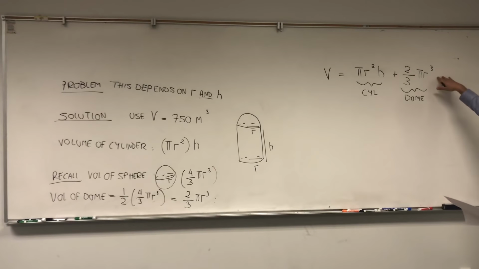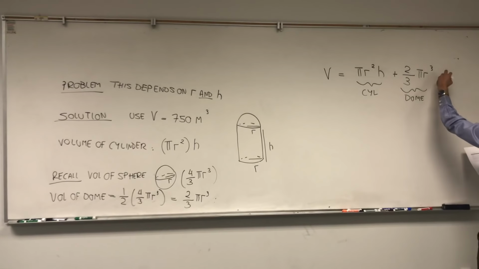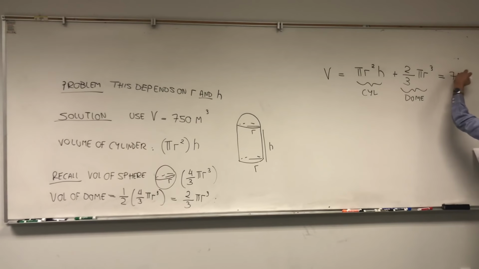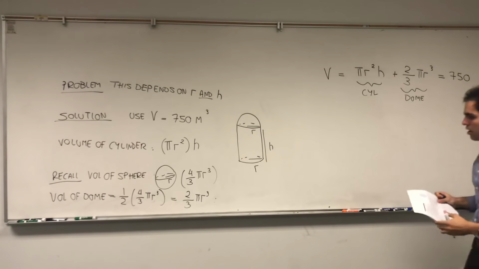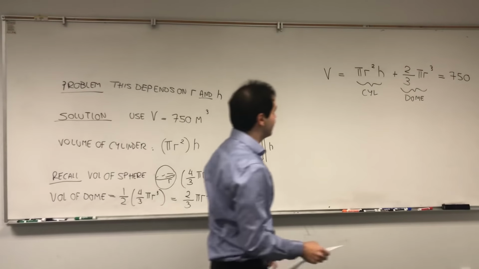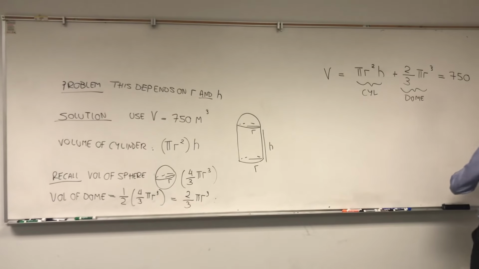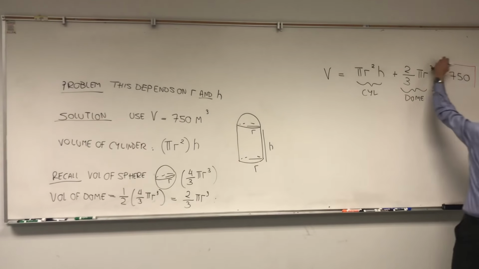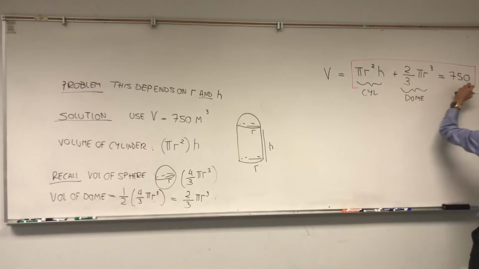And what do we know? We know that this is 750 cubic meters. And that's very good, because this gives us extra information. It gives us some information for which we can solve one variable in terms of the other one.